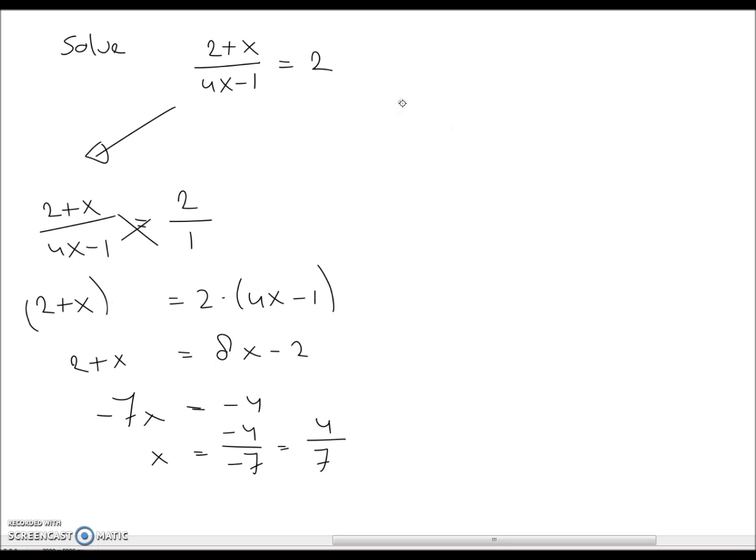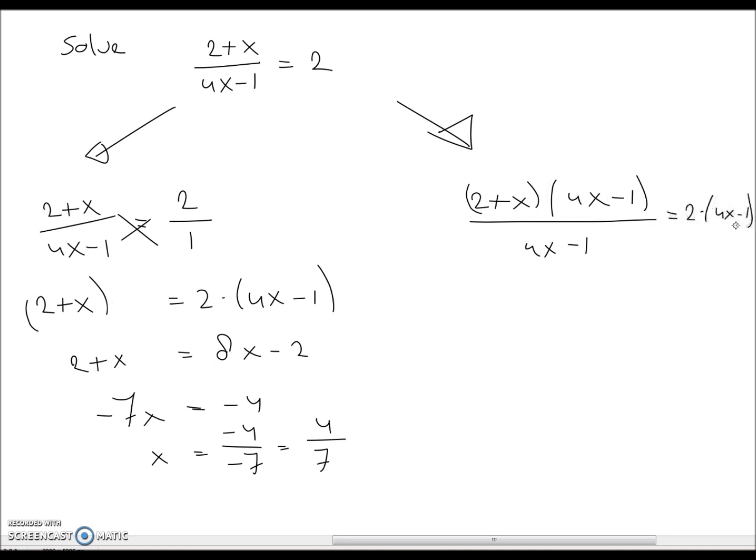The other method is multiplying with the denominator 4x minus 1. On the one hand side you get (2 plus x) multiplied by (4x minus 1), and that we divide by (4x minus 1), and that is equal to 2 times (4x minus 1).